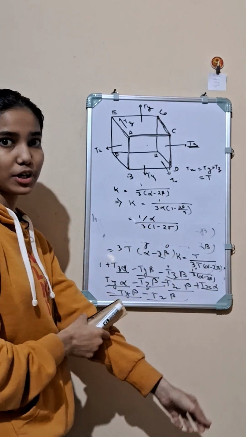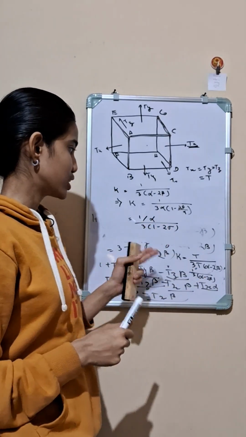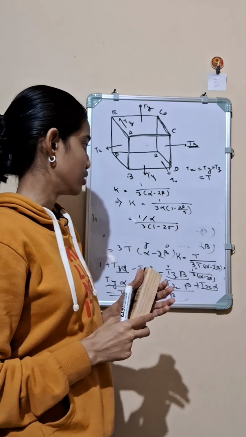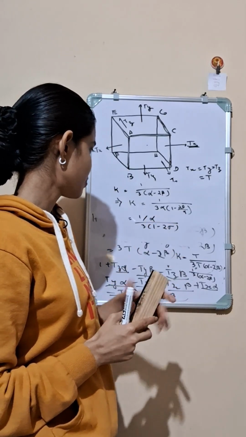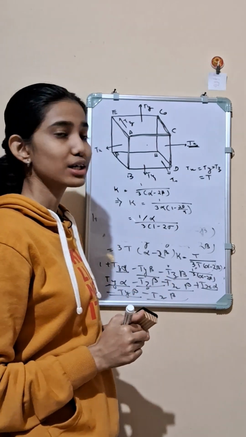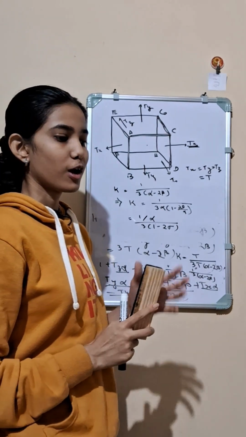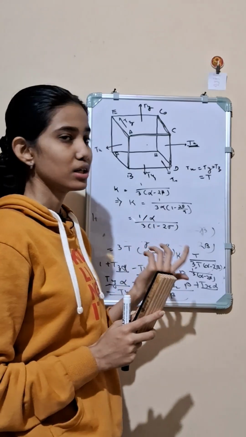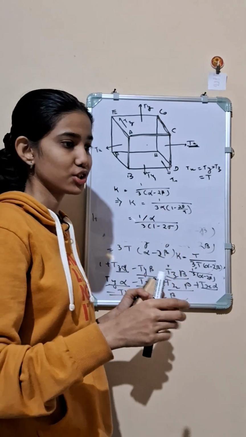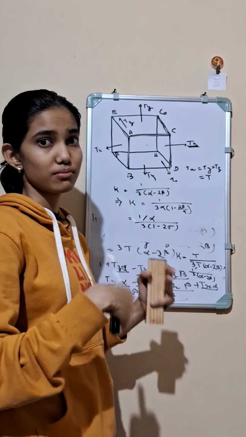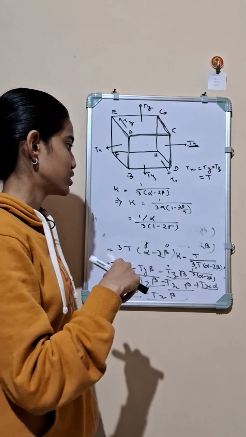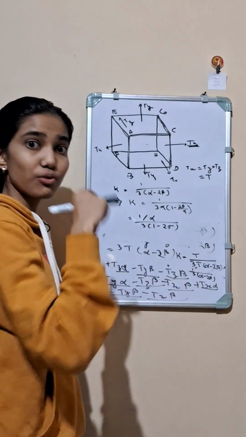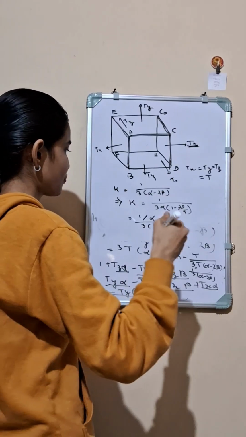strain per unit stress. Stress per unit strain, and Young's modulus is change in stress per strain, and here the strain is alpha. We can say 1 by alpha is gamma.